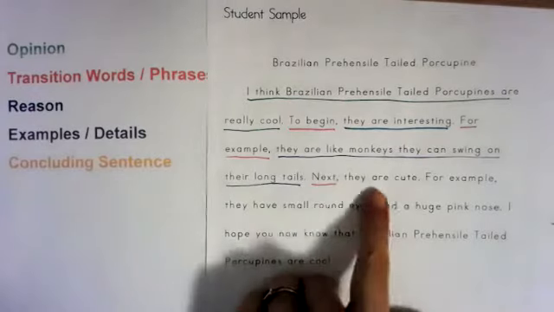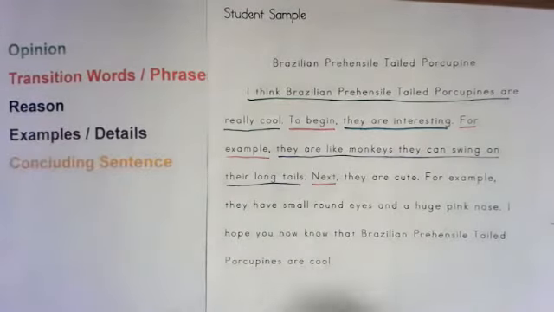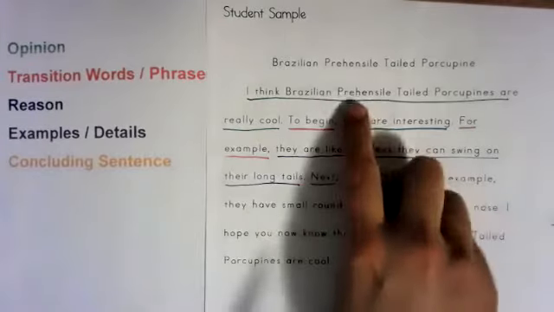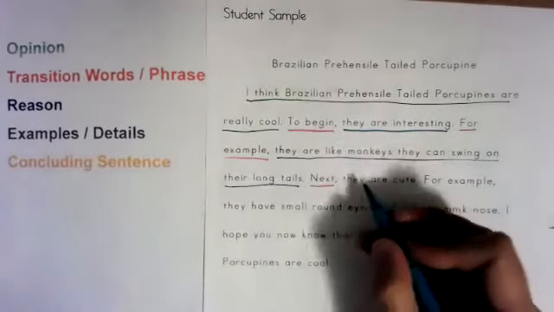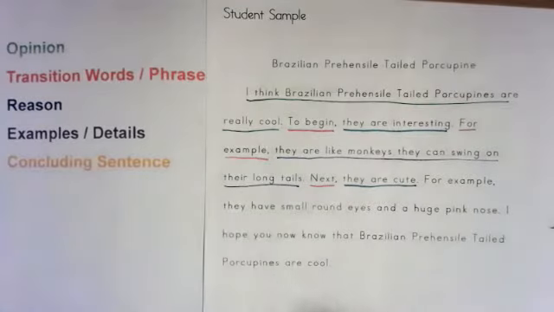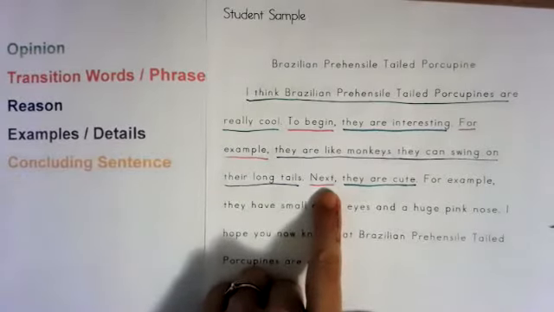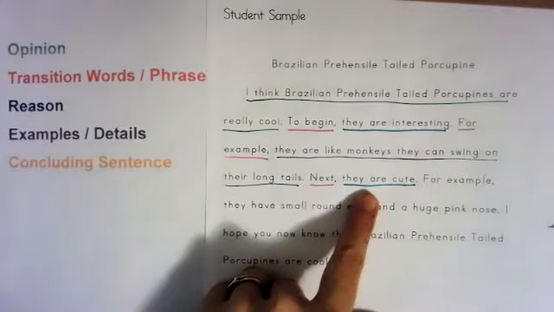Next, they are cute. Oh, that's a reason. So these Brazilian prehensile-tailed porcupines are cute. I have to look at a video of them. Okay, so now I'm going to make sure I add a transition word and then make sure that I have my second reason.